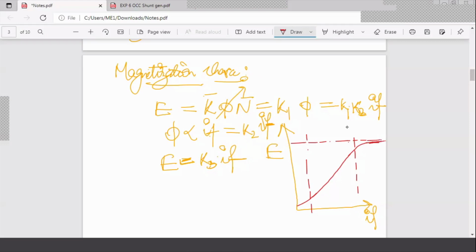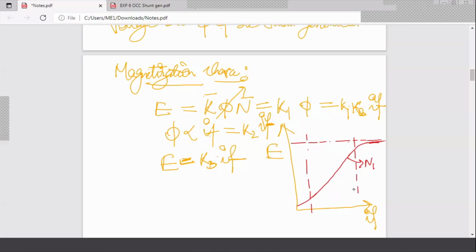So this is, for example, at a particular speed, N1. Similarly, if I draw for another speed, you will have another characteristics, and a third speed, another characteristics, and so on. This is the magnetization characteristics. And what is this difference between this point and zero?